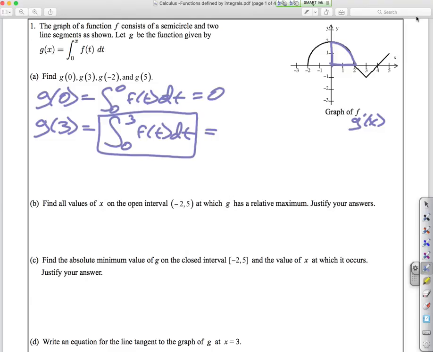How do you find the area of a quarter circle? 1/4 pi r squared. 1/4 pi, what's my r in this case? 2 squared. Then the other part is underneath, so I need to subtract that. It's a triangle. What are the dimensions of that triangle? 1 by 1, so 1 times 1 times 1/2 gives me 1/2. So that means this ends up being what? Pi minus 1/2, good.